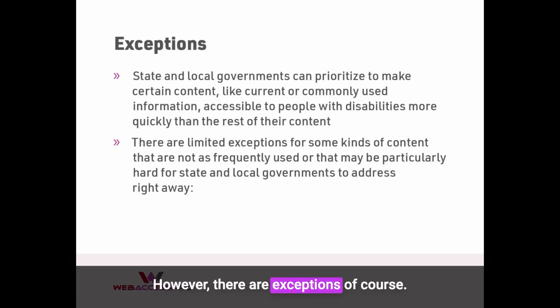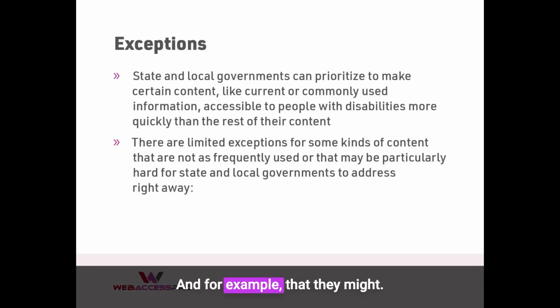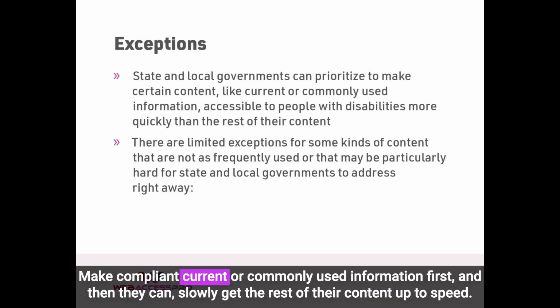However, there are exceptions, of course. And basically what they said is state and local governments need to do this, but what they can do is prioritize making certain content comply more quickly than the rest of their content. For example, they might make current or commonly used information compliant first, and then they can slowly get the rest of their content up to speed.